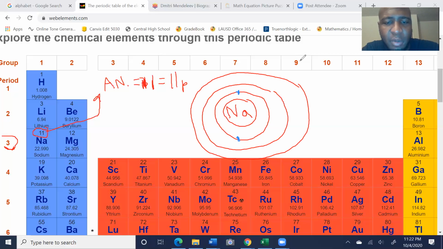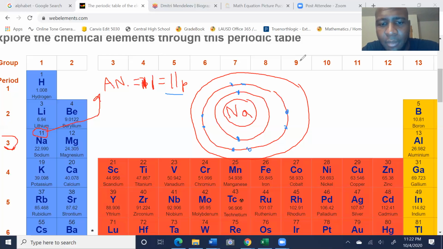I want to match my protons and electrons. So right now I have 2 electrons, but you know what? I want to have 11 to match the number of protons. So I need 9 more. Well, I can only hold 2 on the first energy shell. For every single energy shell after that, I can hold up to 8. So on this next one, I can hold 8. So let's see, I got 1, 2, 3, 4, 5, 6, 7, 8, 9, 10.